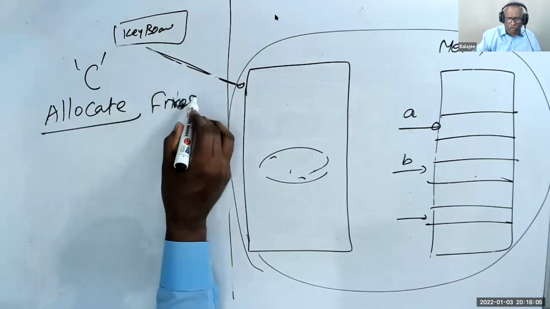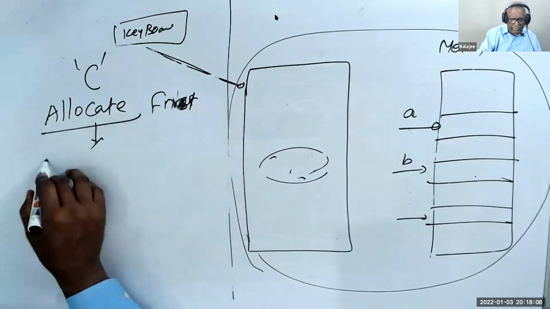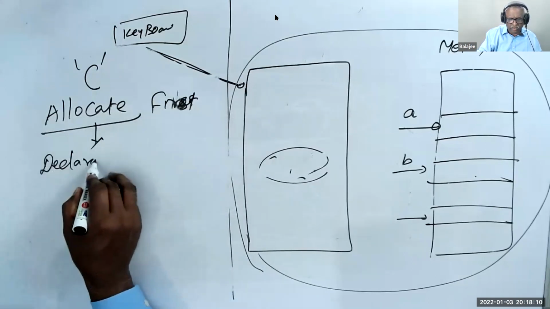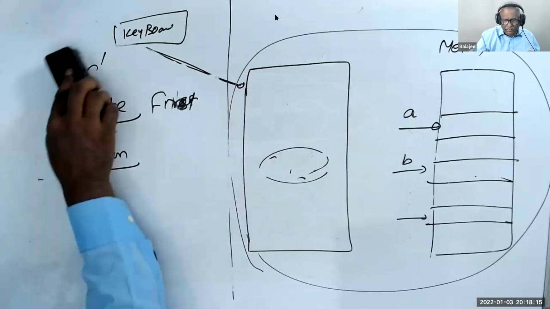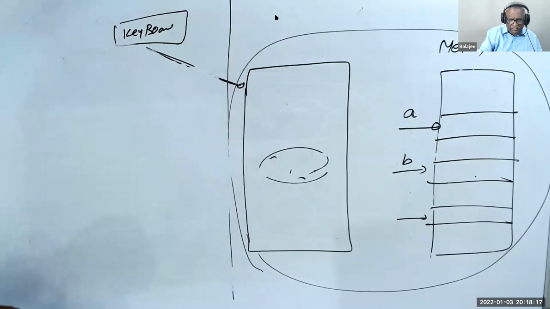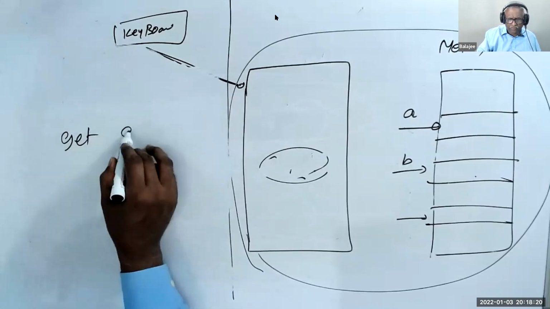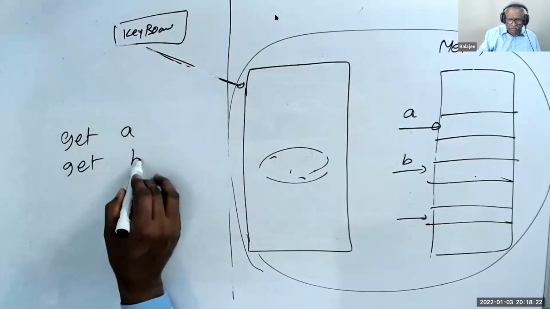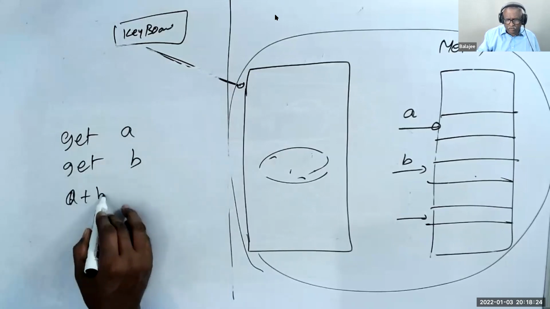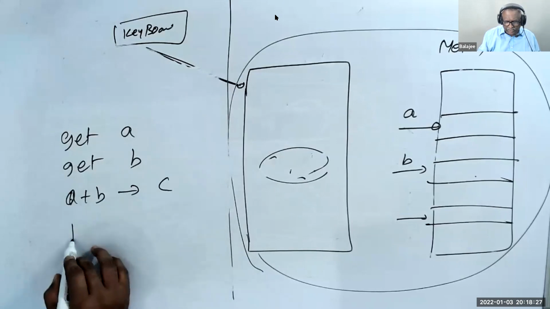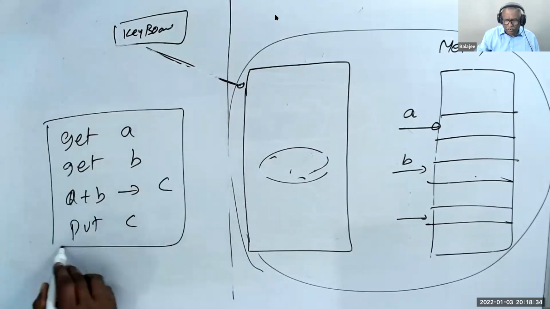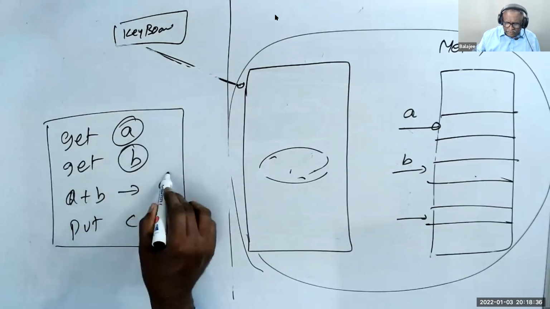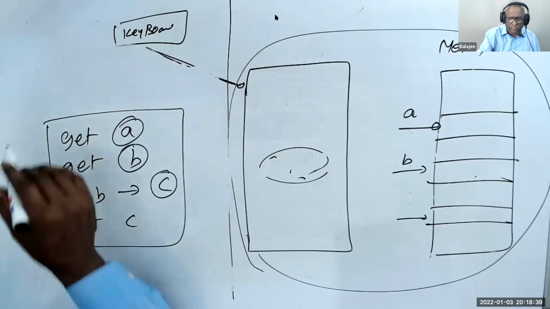This allocation is called declaration. That means, for example, you first write: get A, get B, A plus B, put it in C, put C. You have written a small 4-line program, but you're using A, B, C. You should decide here what size you want.